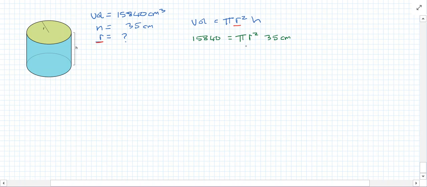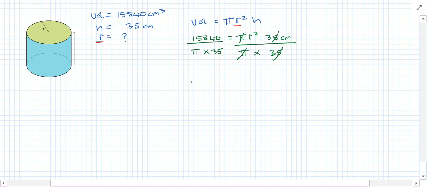So this 35 will cancel out with this 35, and this pi will cancel out with this pi, and it'll just leave you with r squared.